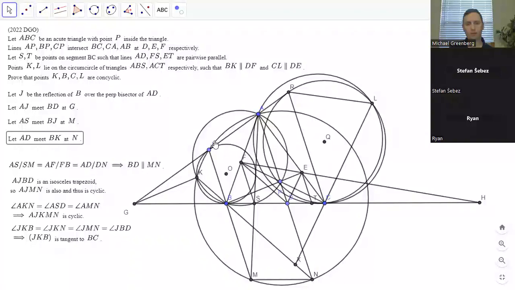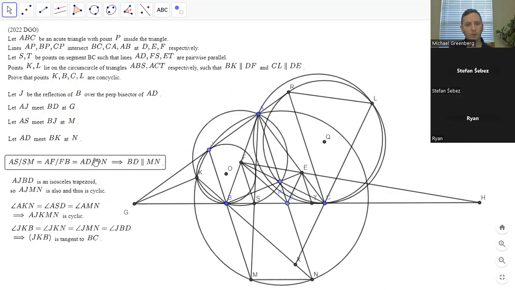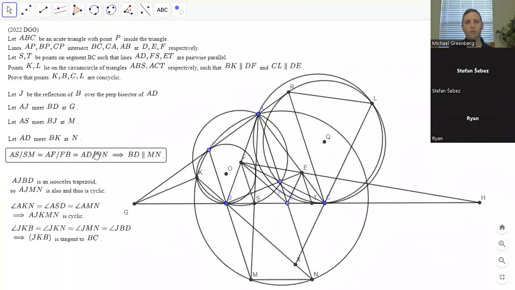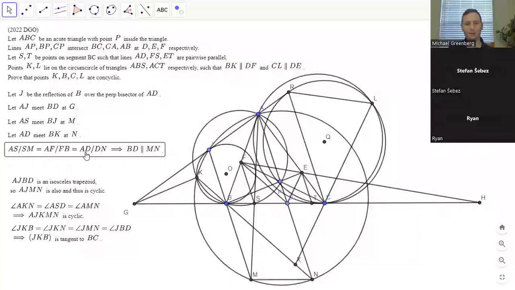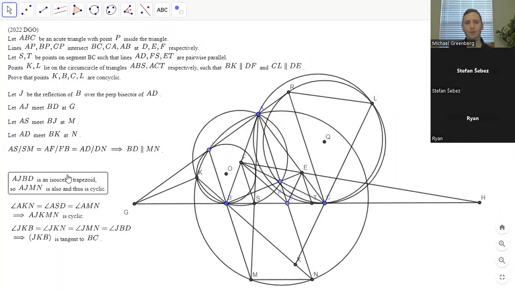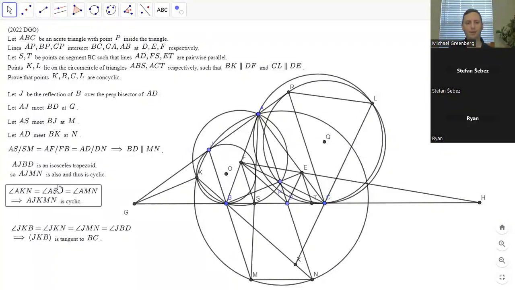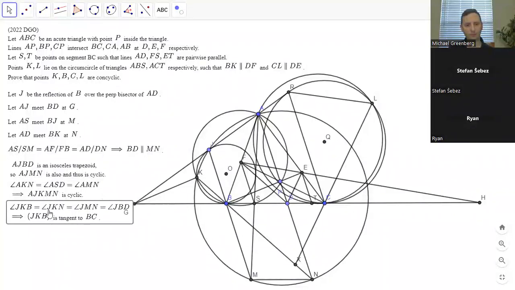Look, you have a trig Ceva in triangle GBJ. So the sines of angle BGK over KGJ, that is equal to GJK over KJB times JBK over KBG.